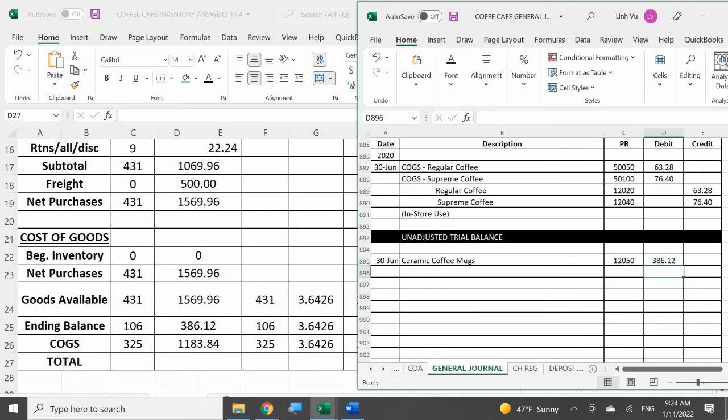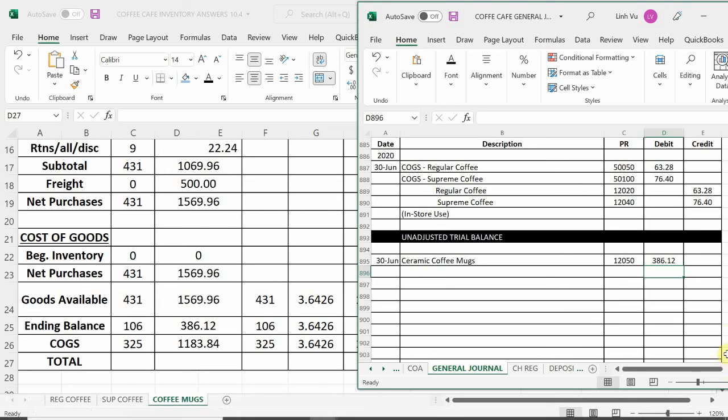Okay, so what else do I have to recognize? Freight cost.